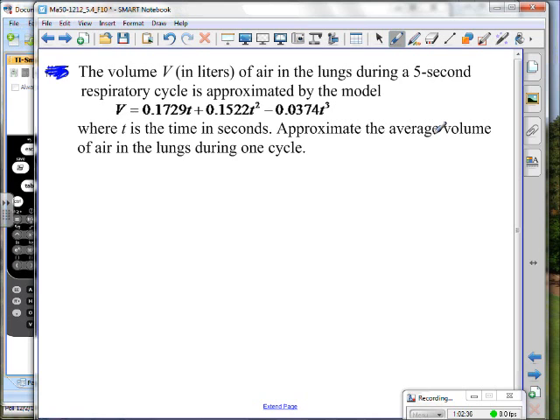So of course the volume of air is changing as we breathe. How many different volumes do we have in 5 seconds? Infinitely many. What is the average volume of air you have in your lungs in any 5-second interval? That's what the problem's asking.